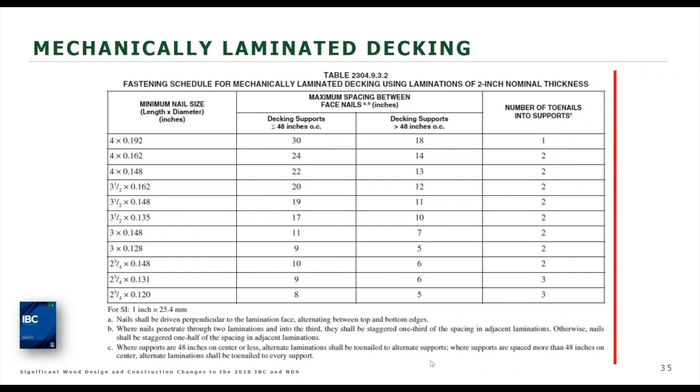So now they not only have the prescriptive requirement of 2.5 times the length of the nails, we can also use nail guns and use this type of nailing schedule.